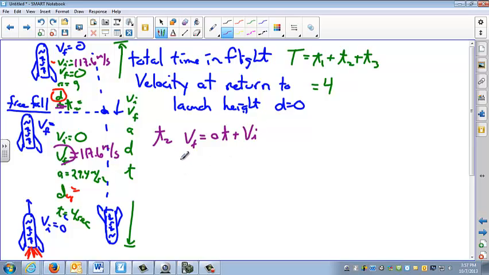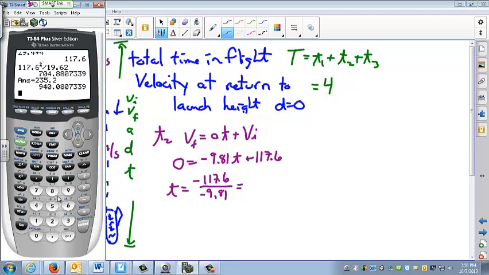Substituting my knowns, final velocity is 0. The acceleration is negative 9.81 meters per second squared. Time is the variable I'm solving for. And my initial velocity was 117.6 meters per second. A little subtracting and dividing. Time is going to be equal to negative 117.6 divided by a negative 9.81.